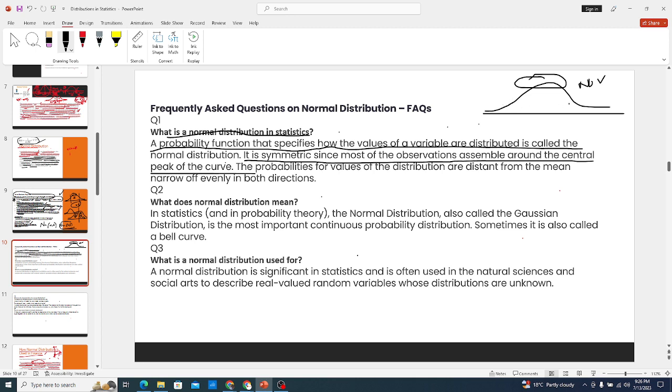Basically, it shows us how our data points are assembled around a central peak of a curve, or how a continuous data set is distributed.